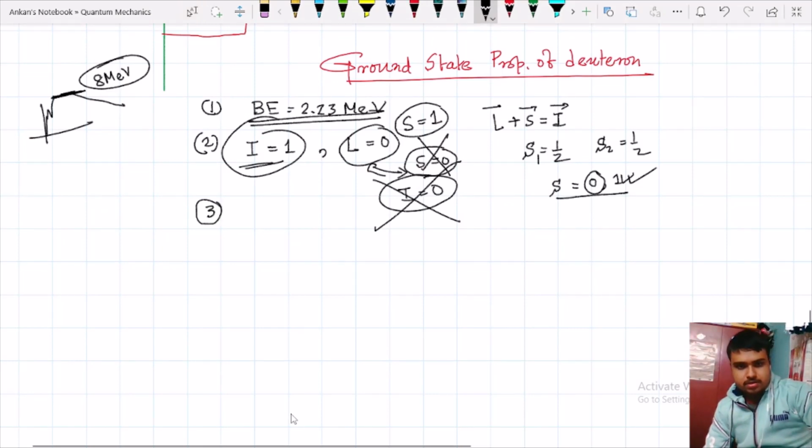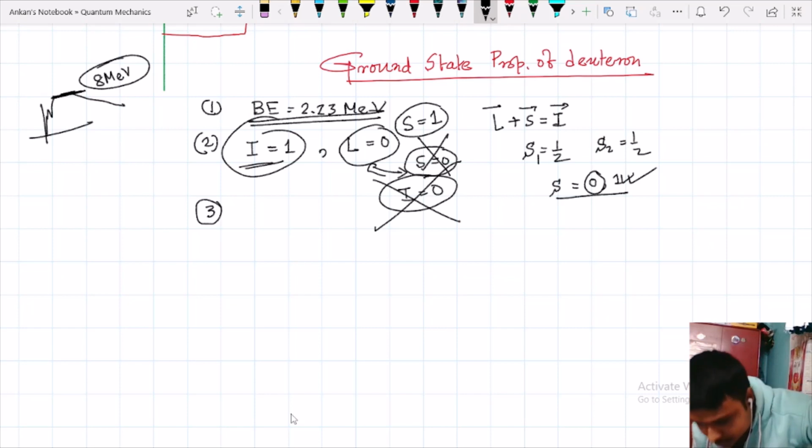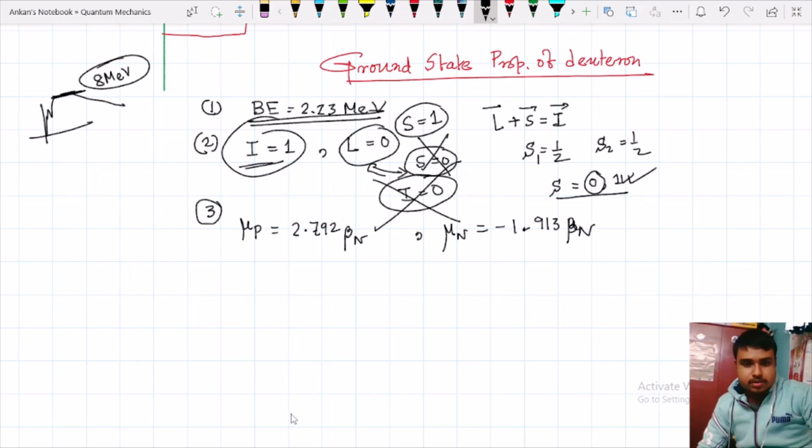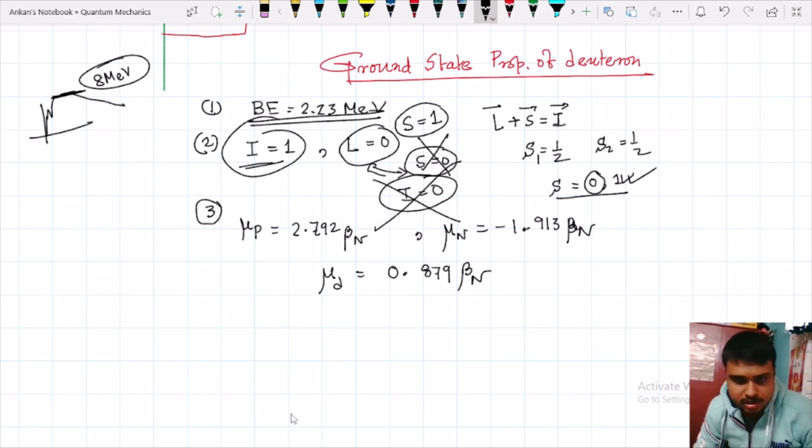Now the third striking feature that was observed is that the proton has a magnetic moment equal to 2.792 nuclear magneton, and the neutron has a magnetic moment of minus 1.913 nuclear magneton. So the magnetic moment of the deuteron should be mu p plus mu n, which is the sum, equal to 0.879 nuclear magneton.